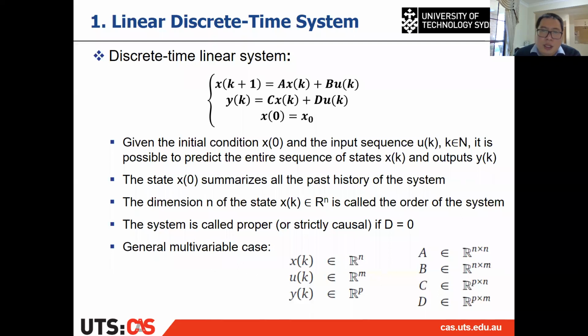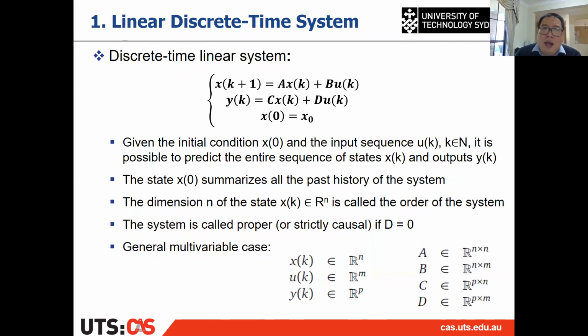Which means this system can consider multiple dimensions of the state, which means you can hold multiple variables in the state x. All right, and if the initial condition or the initial state x0 is given, and the input is given as well, you can calculate or predict all the xk at any time step, xk and uk at any time step.